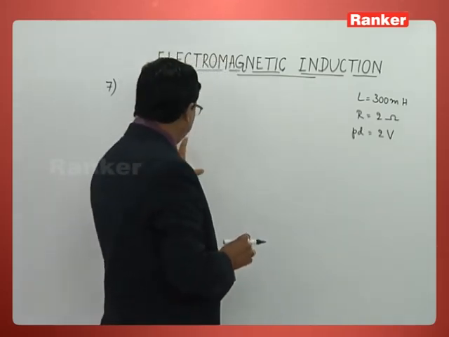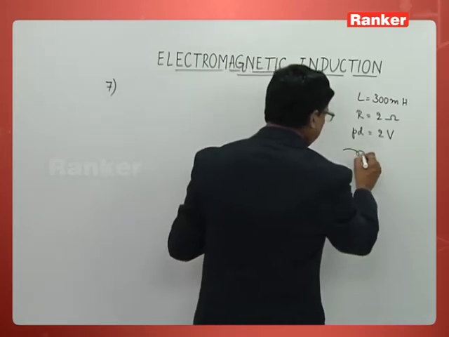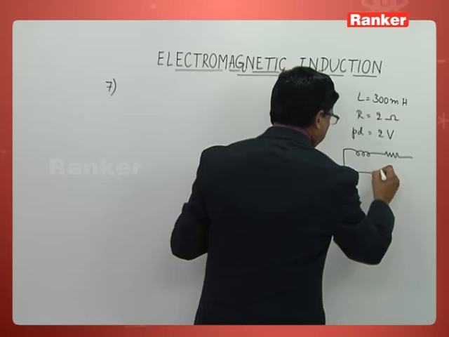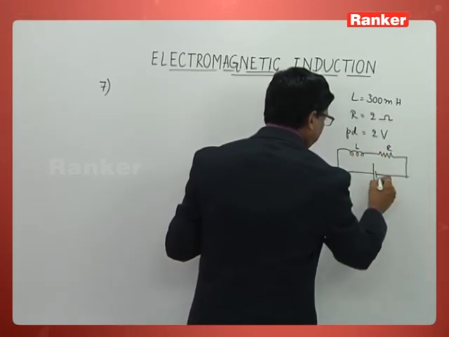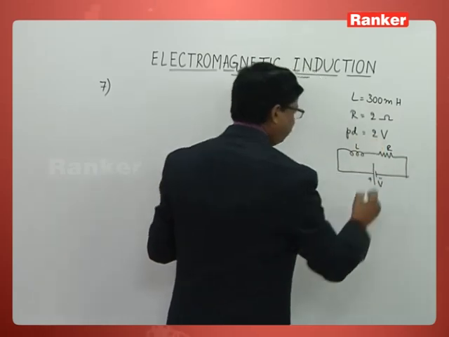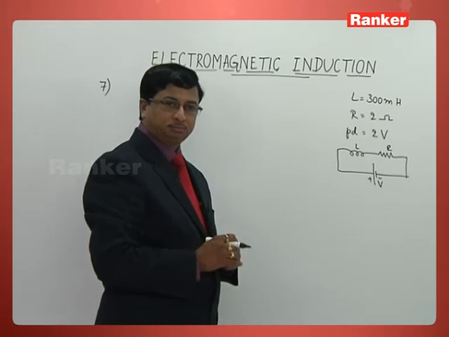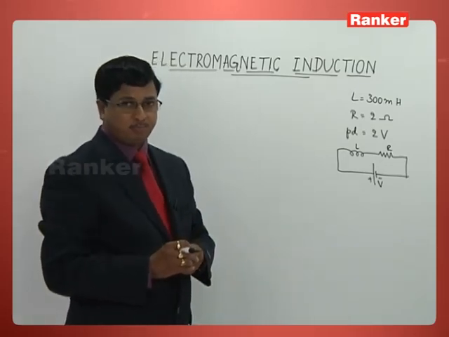Now, first and foremost, this is a concept of L and R connected across a cell like this. This is R, this is L, this of course is the applied voltage. Then current grows to the maximum possible value there.